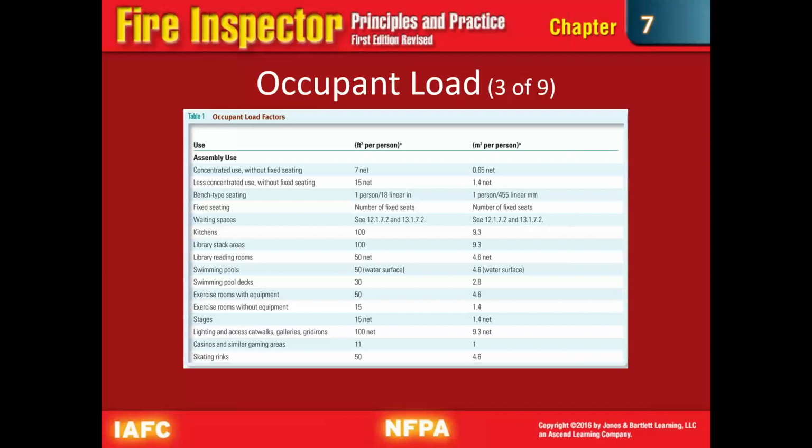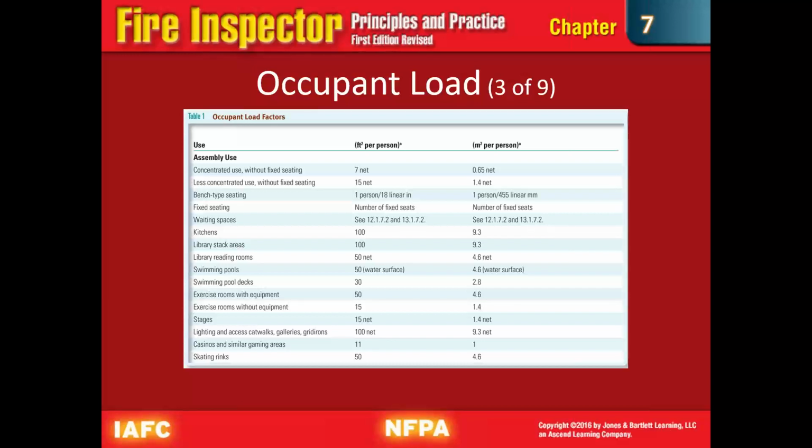That's your higher risk areas, your kitchens, the library, stack areas. You have your catwalks, galleries, and gardens also listed, and that's kind of your higher risk. And as far as fire risk, storage of flammable materials, so on and so forth.